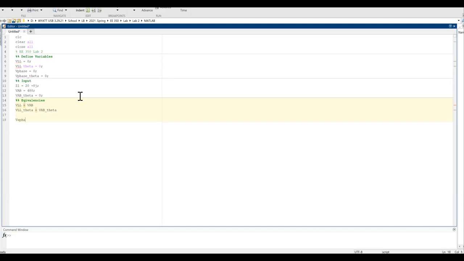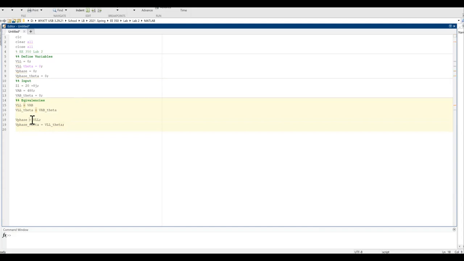Our V phase is going to be equal to our V line-to-line, and our V phase theta is going to be equal to our V line-to-line theta. Now, when I'm stating theta, what I mean by that is the angle of our V phase.